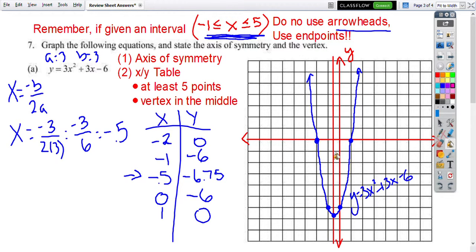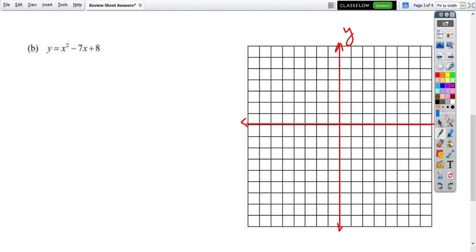We'll go pink here, I guess. So there's our axis of symmetry. The equation is x equals negative 0.5. And there's our vertex, and there's the coordinates of that vertex right there.